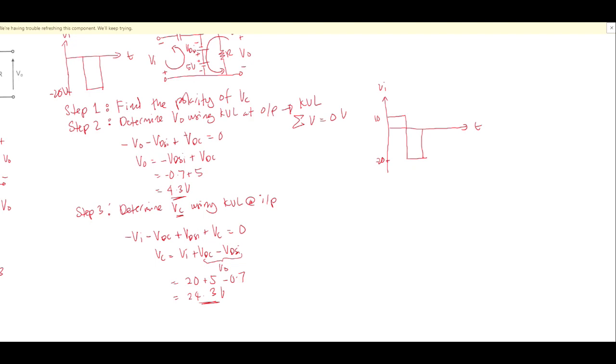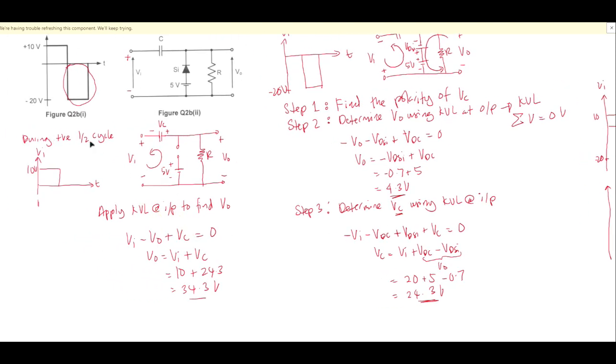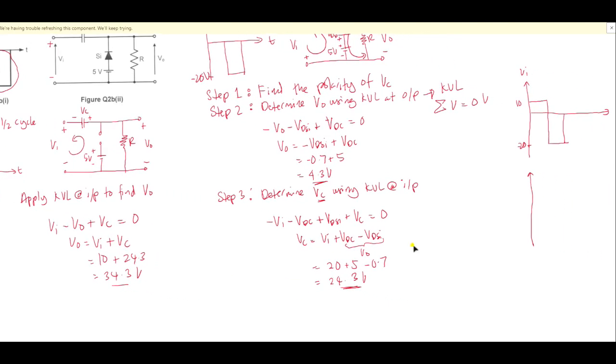So now we can draw the output waveform. At the positive half cycle, as you can see in our solution before, your V out is equal to 34.3.